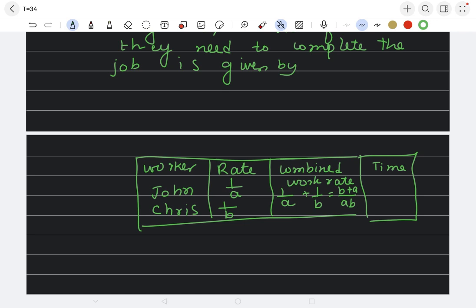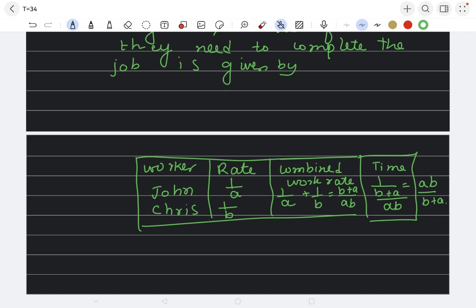And I just told you the time taken together equals 1 over combined work rate. So 1 over combined work rate means 1 over (B plus A) over AB. So obviously this AB will go up, so it will be AB over (B plus A).